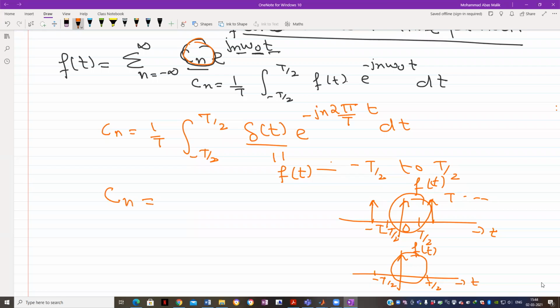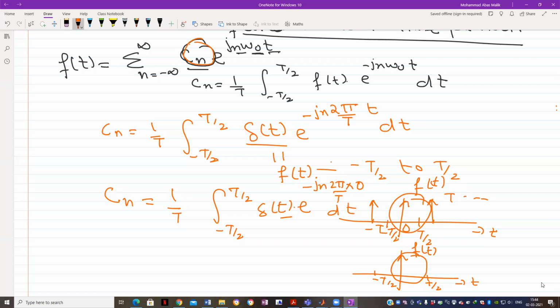So Cn is 1 by T, integral from minus T by 2 to T by 2 of delta of t into e raised to the power minus j n 2 pi by T into 0, because whenever you multiply delta of t with any signal, the variable t in the other function will be put equal to 0. That's the reason.